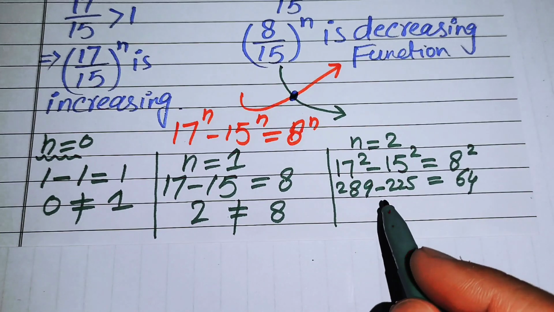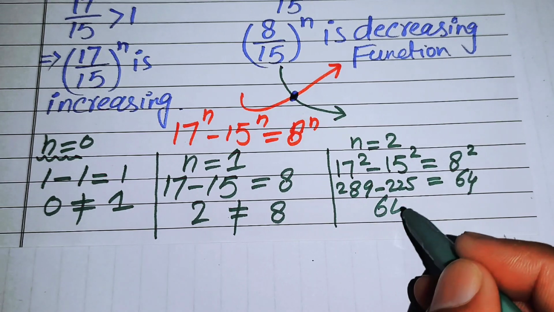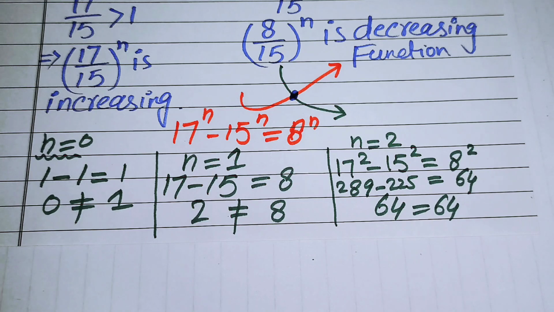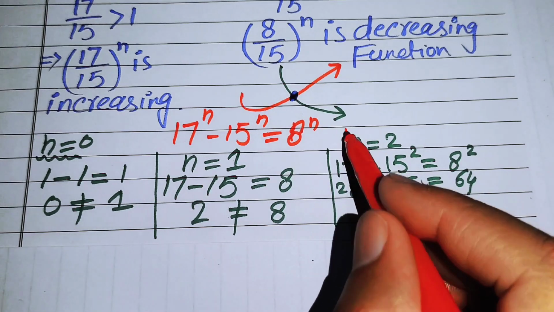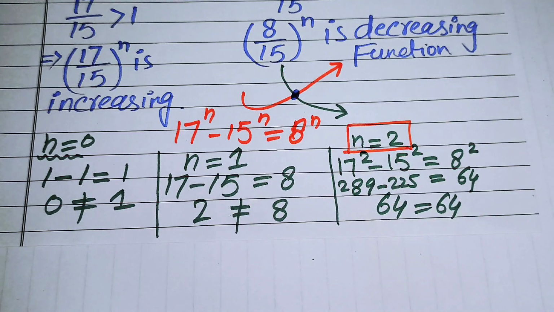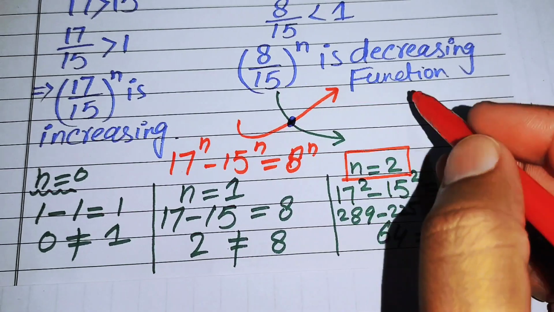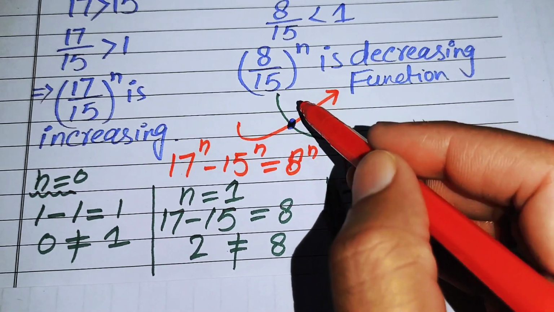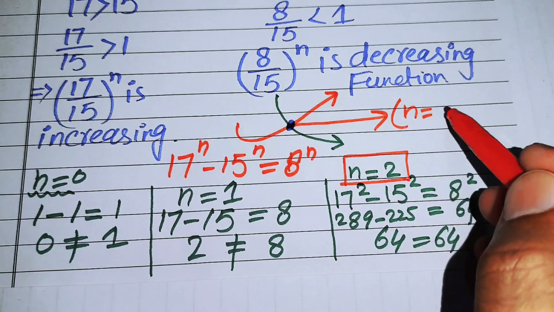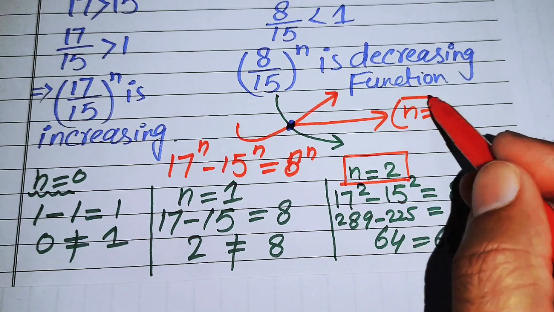When you subtract these two values, you see here 64 equals 64. This shows that n equals 2 satisfies the given equation. So n equals 2 is the only solution of this problem. This point is the point of intersection, so the value of this point is n equals 2.